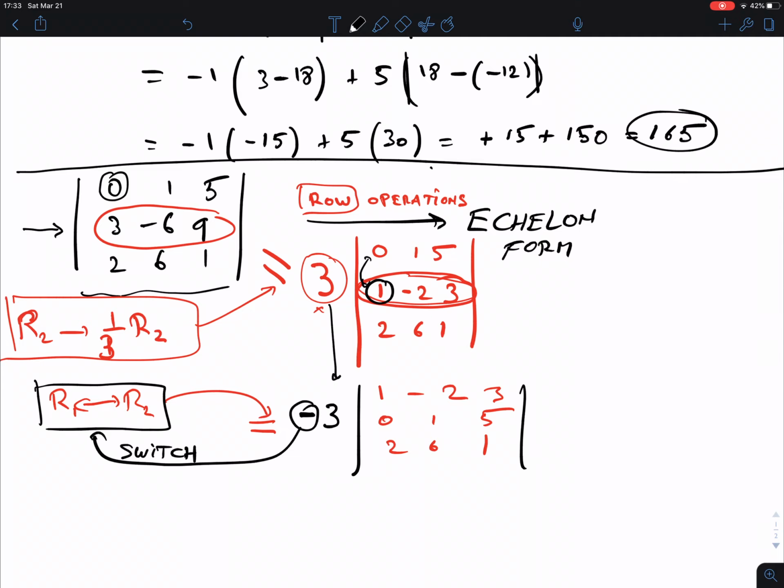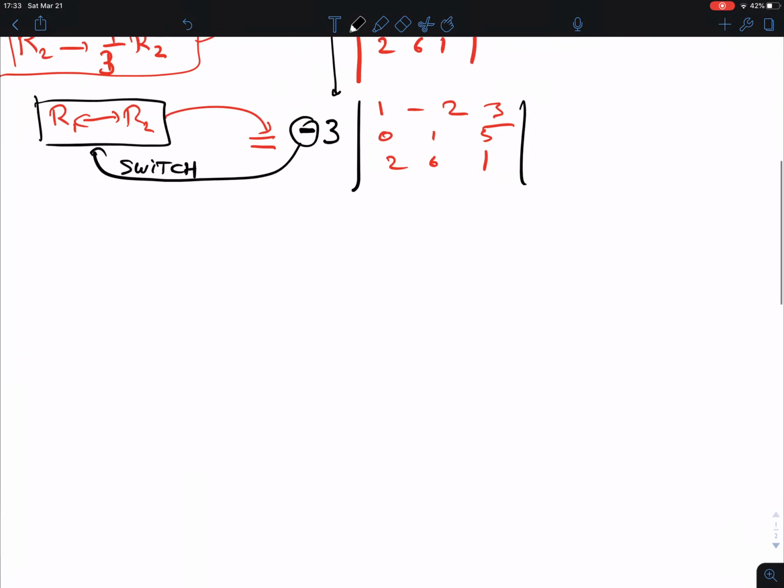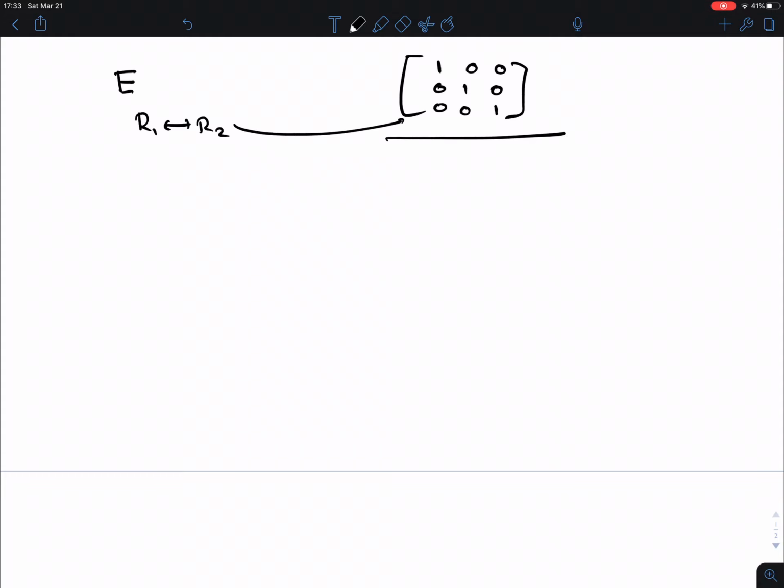Now before I go on, I want to show you why this is the case. Let's look at one of the elementary matrices that you get by doing this particular row operation, the switch of row 1 and row 2, on the identity matrix. So we have our identity matrix 1, 0, 0, 0, 1, 0, 0, 0, 1. And if I do this row operation on the identity matrix, I get the E that I want.